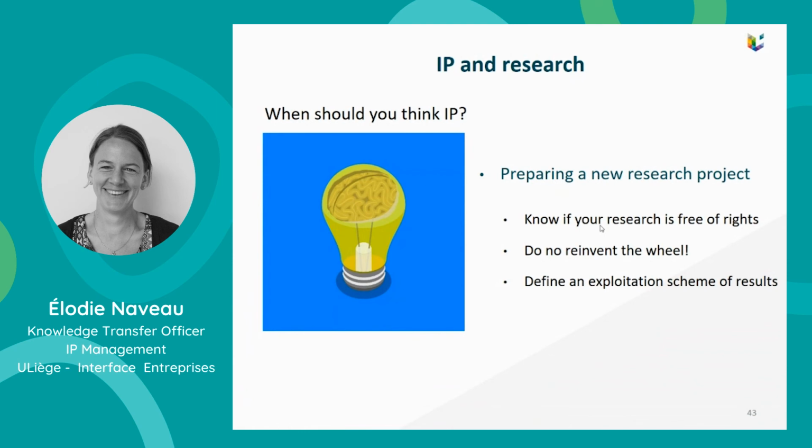Also, what we have not yet seen is that it can help you to define an exploitation scheme of results. By exploitation scheme, we want to say who will be interested in the results of the research, so which companies are active in the field. You can also use the patent databases to find companies active in the field.